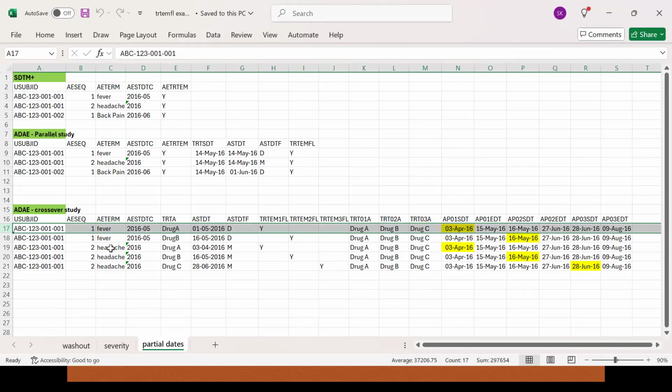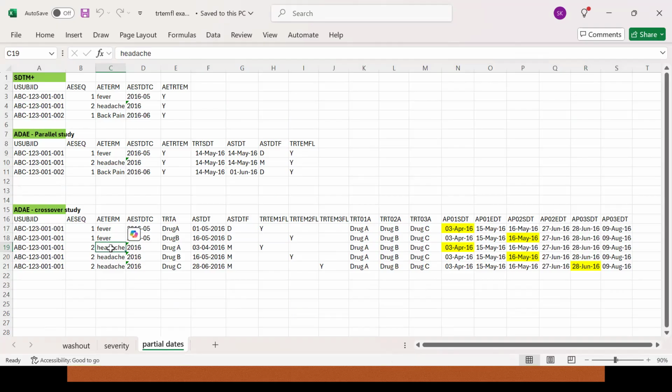The second scenario is for the headache, and again the headache has only the year part. The year part is the same for all three treatment periods. So we will again create three records for this headache adverse event in your ADAE for crossover studies, where your imputed date for the adverse event start date will have one for each period.